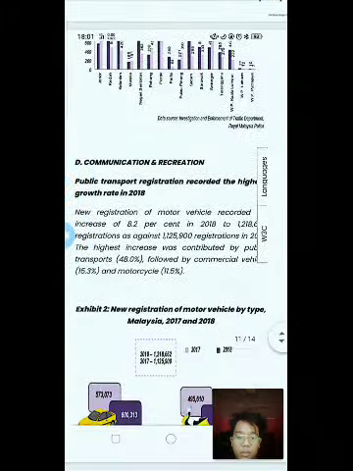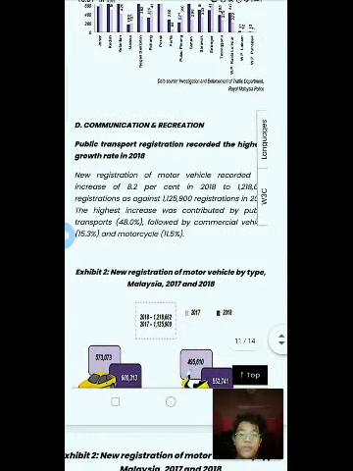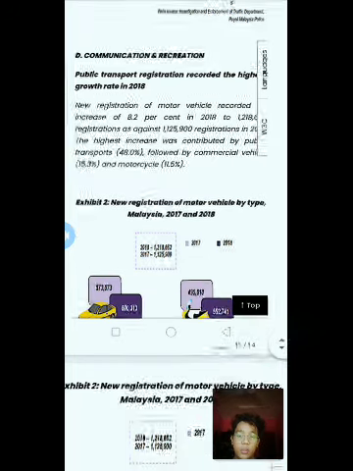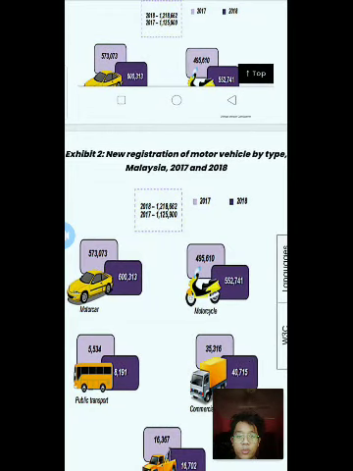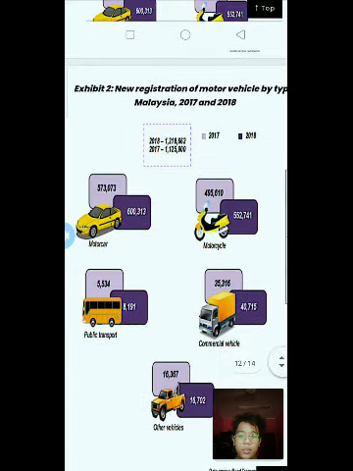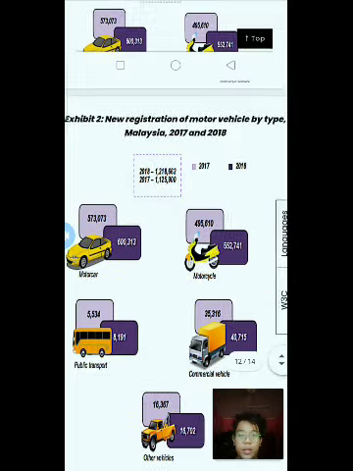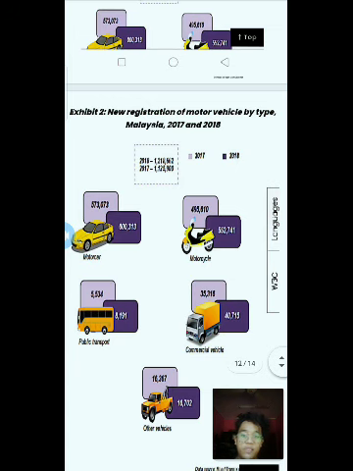Okay. For the next one, public transport registration records the highest growth rate in 2018. You can see below, the light one is the year 2017 and the darker one is the year 2018. This is registration of motor vehicles by type, 2017 and 2018.